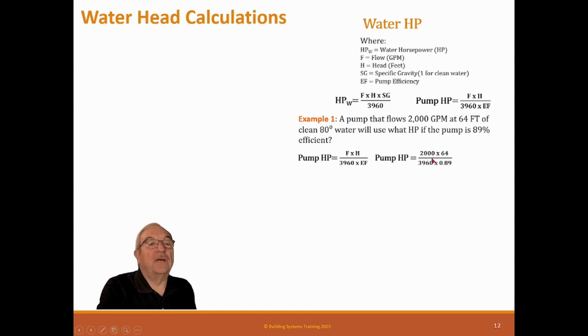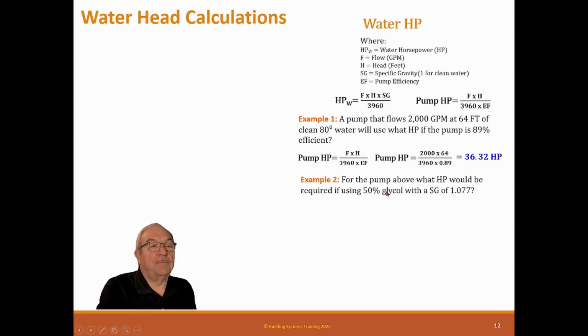So it's 2,000 GPM times 64 feet of head over 3960 times 0.89. That's its efficiency. And that equals 36.32 brake horsepower for the pump. This is water horsepower, and this is the brake horsepower of the pump.